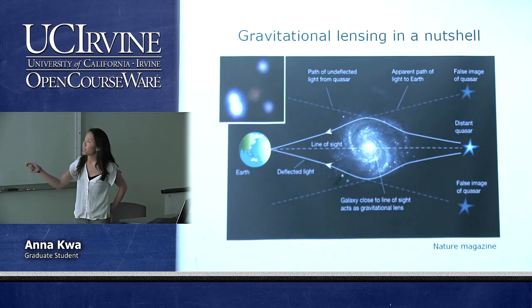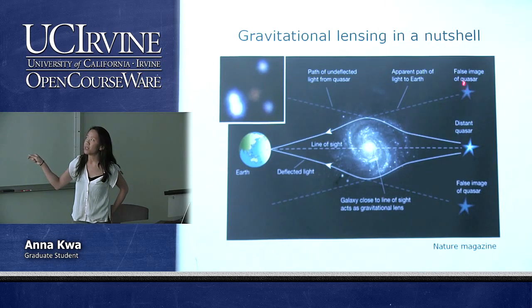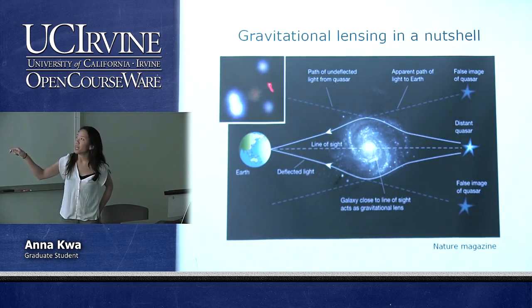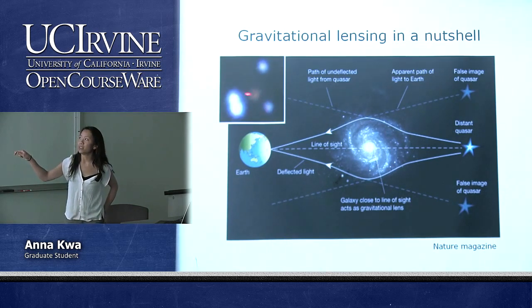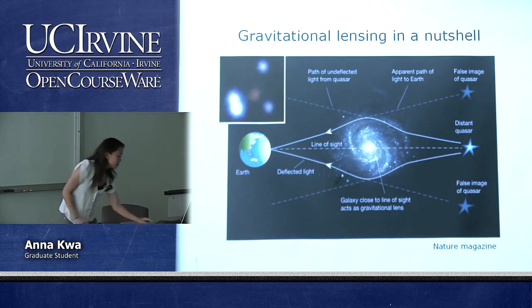You have some object behind your lens object. The light paths get bent, and then what we see is this asymptote here. When we trace that back, we see a false image off to the side, and we can see multiple false images. Here's an actual picture of what a lens system looks like.